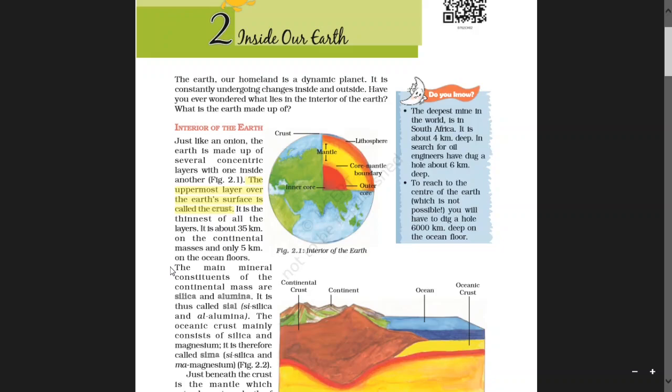The main mineral constituents of the continental mass are silica and alumina. So silica and alumina are the main minerals found in the earth.